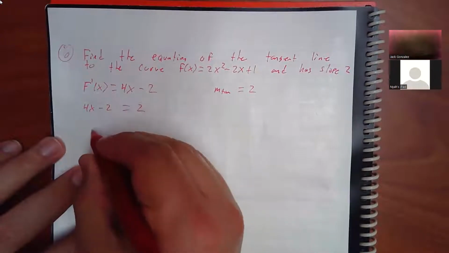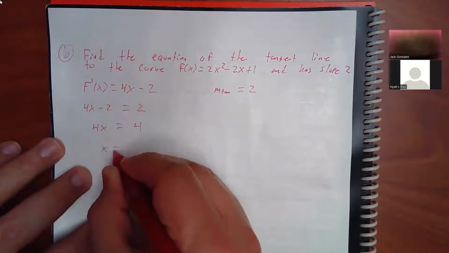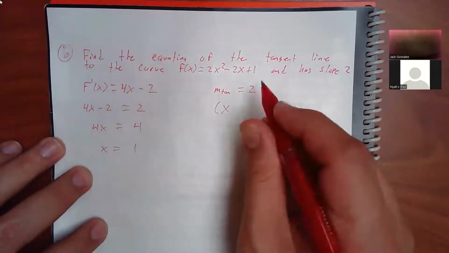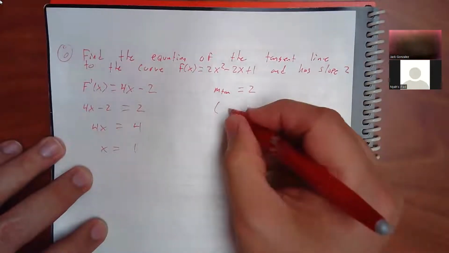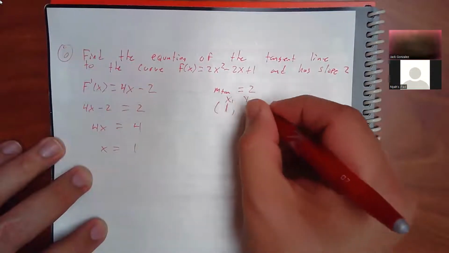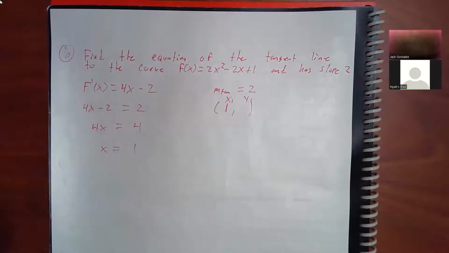Once you have the x and y, then you can find the equation. Solve for x step by step. Do I have the x value? x is 1. I need the y, so I have x1, y1 in order to use the formula.